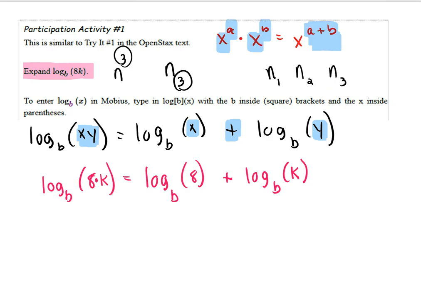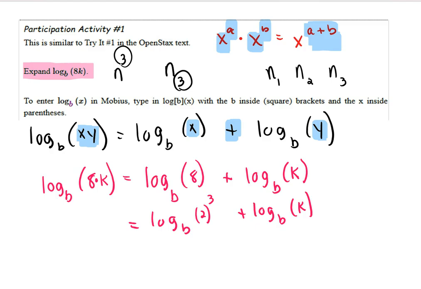My 8 is the problem. 8 is a perfect cube. Since 8 is a perfect cube, you can rewrite this as, instead of 8, a 2 raised to the third power. And then you still have this log base b of k.